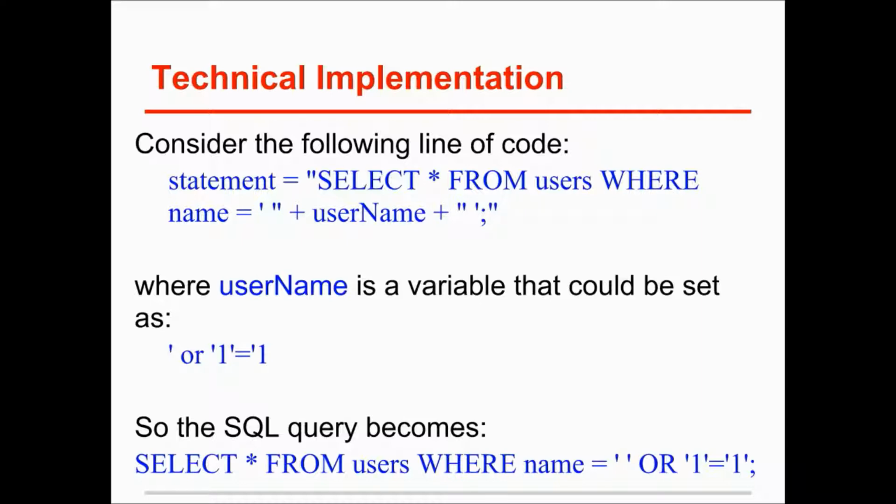Here 1 always equals 1, so the query will return the information of everything in the table users to the attacker.